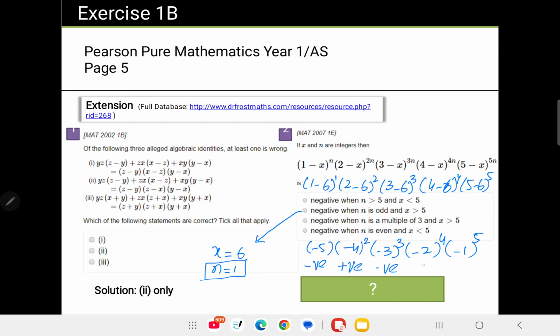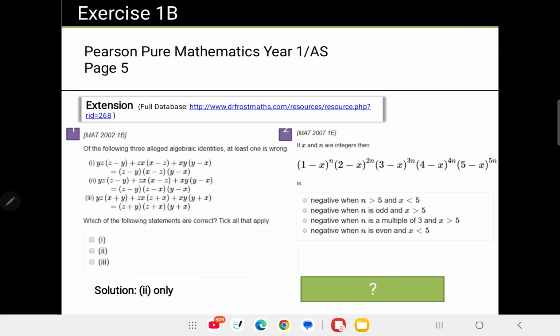This is negative, this is positive, and this is negative. So you have 3 negatives and 2 positives. Positive times negative is negative, negative times negative is positive, and positive times positive is positive. So with 3 negatives, the whole result will be negative. So this statement is true.